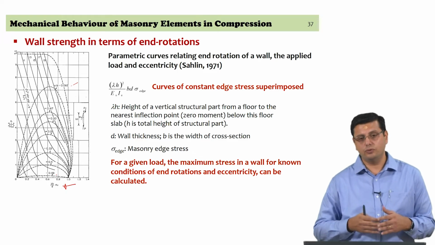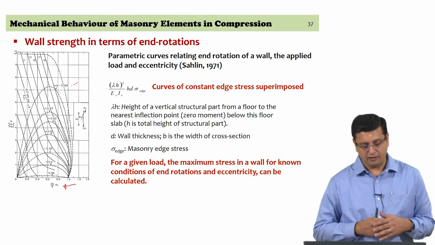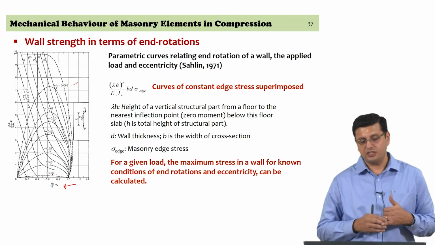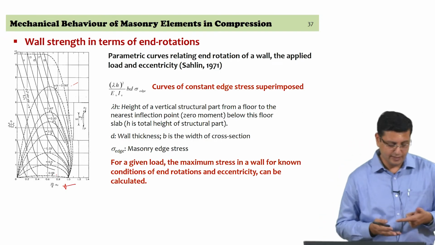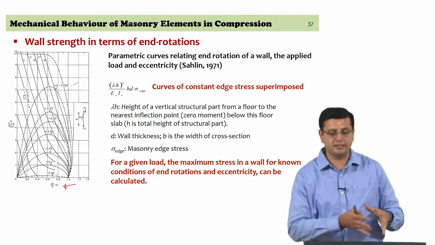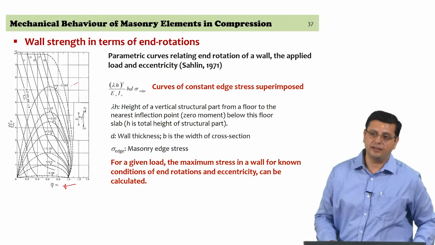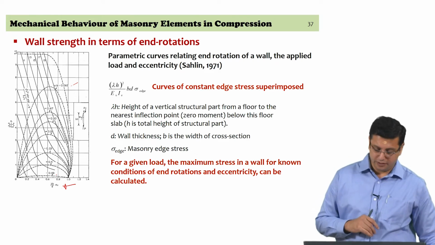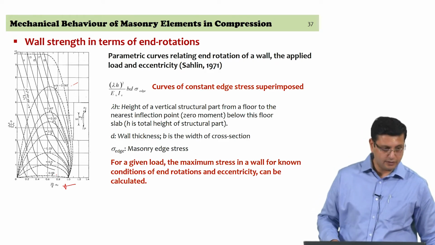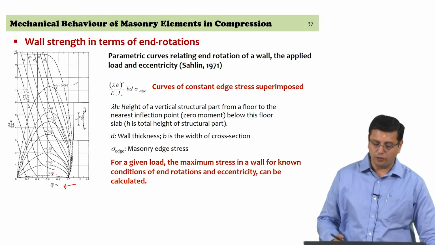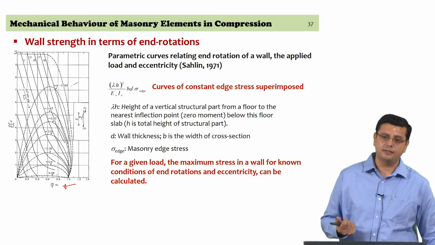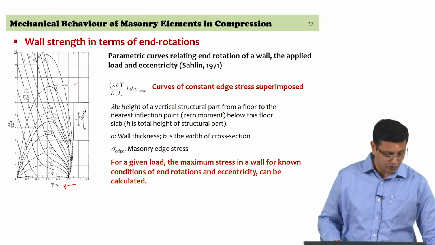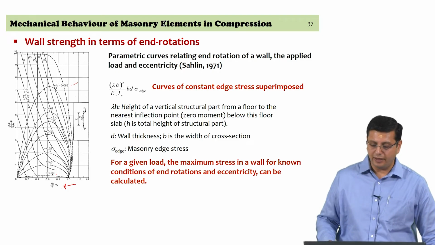Through this sort of graph, you will be able to check if, for a given load, selected end rotations and eccentricity, you would be able to satisfy the requirements of the allowable stress itself. So, this is another useful form in which the effect of eccentricity and the effect of the end rotations have been captured in parametric design curves.